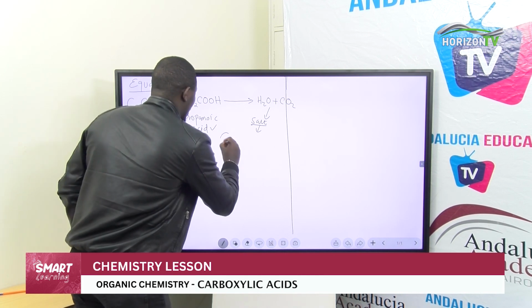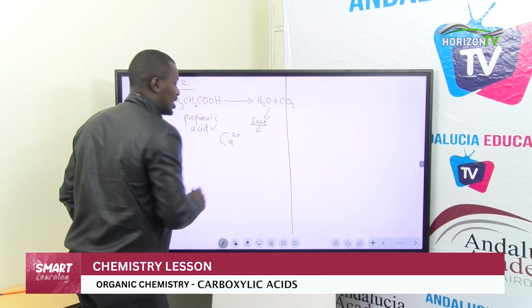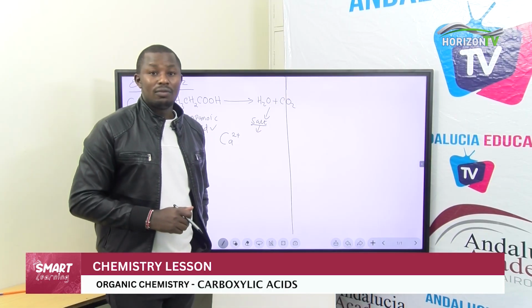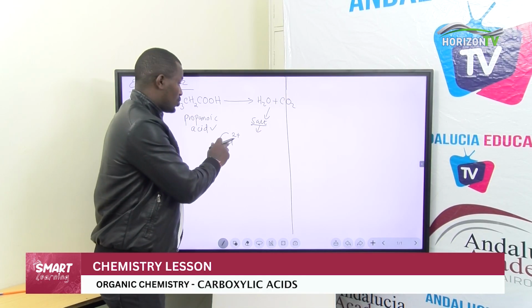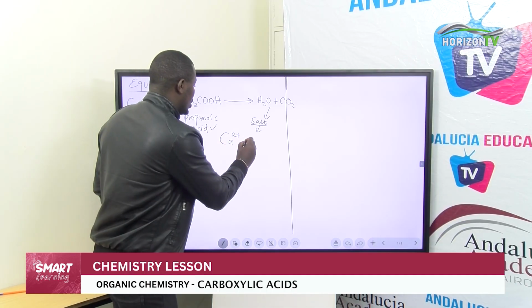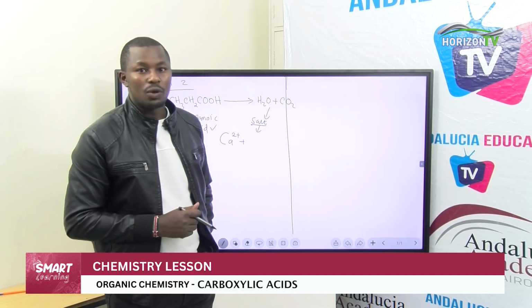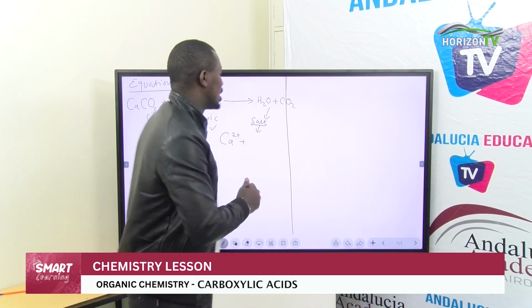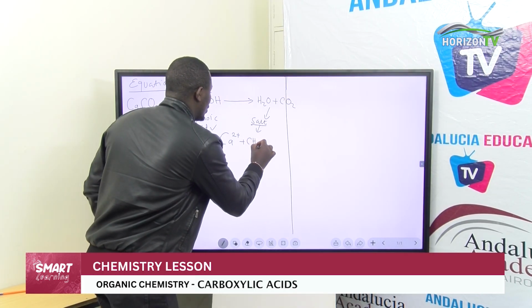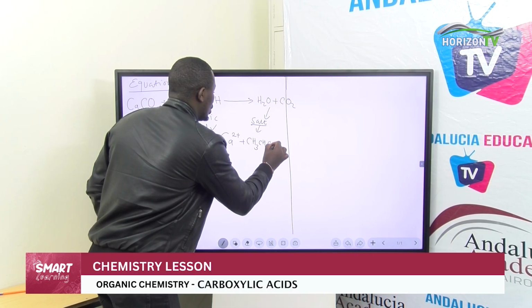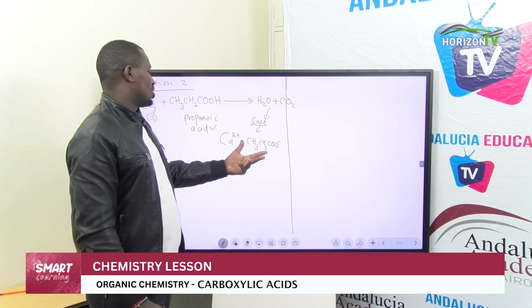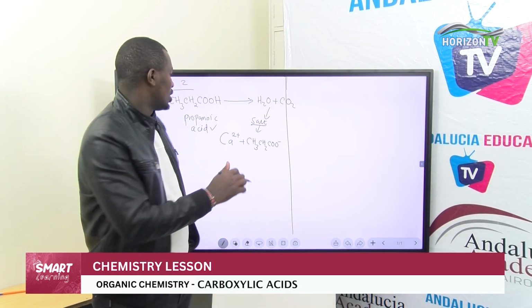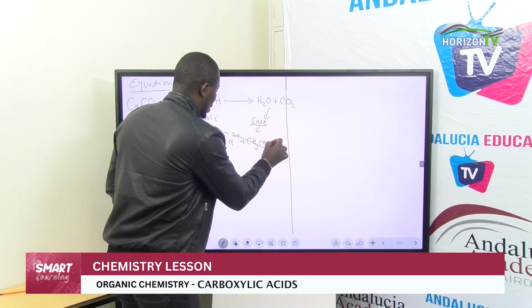The calcium ions are positively charged. Remember, calcium ions are cations, and they are formed after the loss of 2 electrons of the calcium metal. Once the 2 electrons are lost, we form the calcium ion. Calcium ion reacts with the propanoate ion to form calcium propanoate. Here is the propanoate ion, CH3CH2COO minus. Once these two react, there is what we call the exchange of the valency, the 2 down here and 1 here.